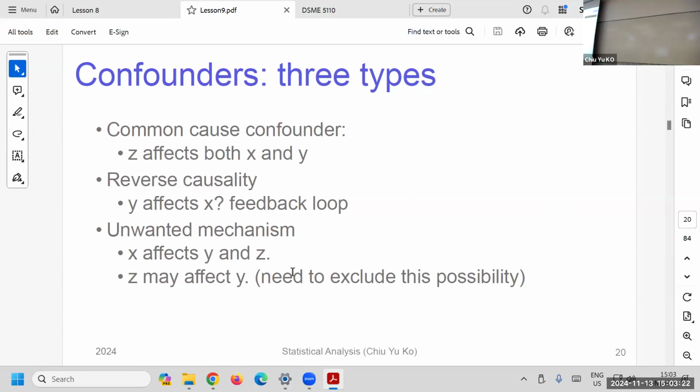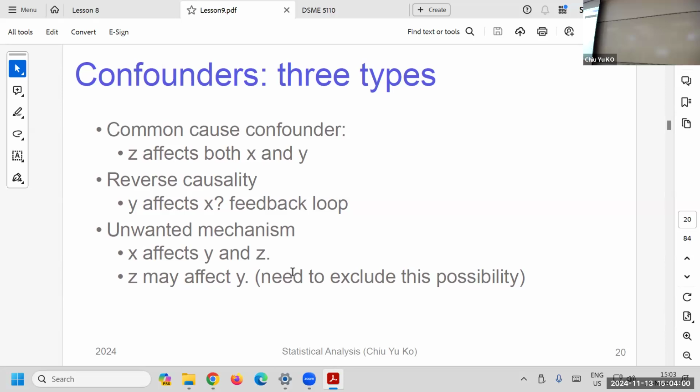Y will change X. As I mentioned before, a master's degree would affect income, but the problem is also that income changes your decision to do a master program or not. If you're rich, you're smart, actually you may have money to do a master program. So you don't know actually what causes what. Maybe you go to a master program because your company sponsors you, you're very good already. We don't really know. It's a feedback.